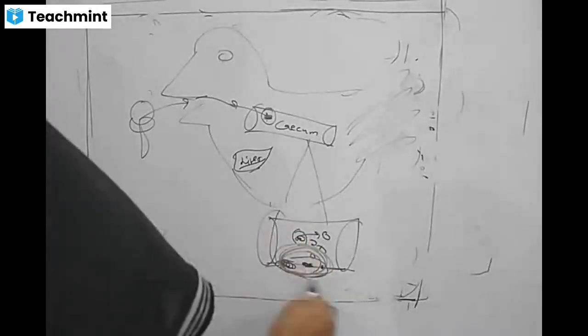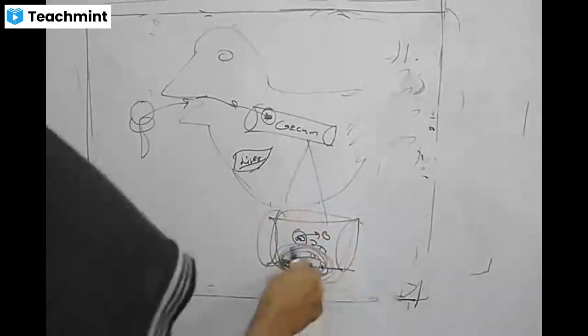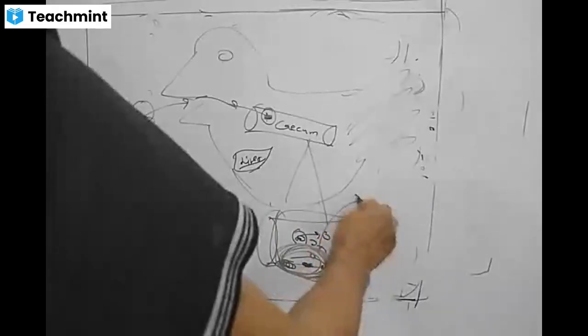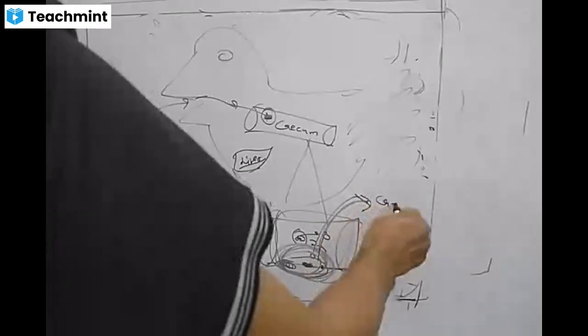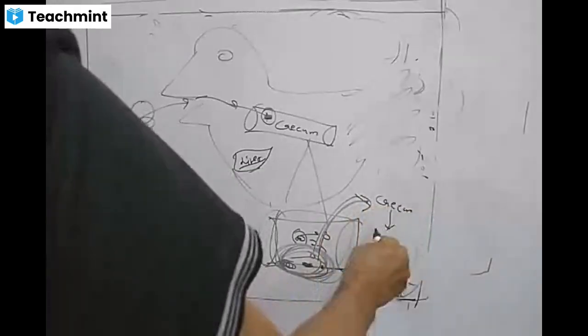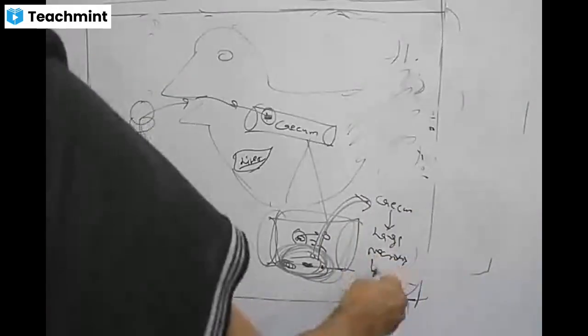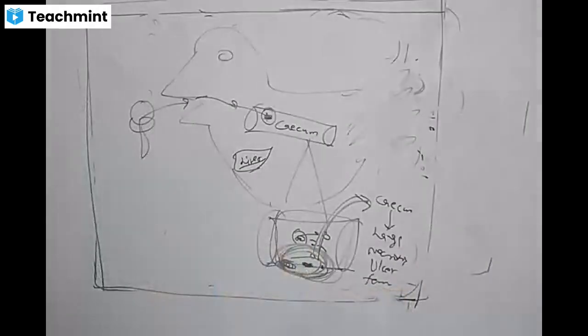In this way, the cecum also enlarges in size because of inflammation and these ulcers, and this may lead to large necrotic ulcer formation. So this is the pathology with the cecum.